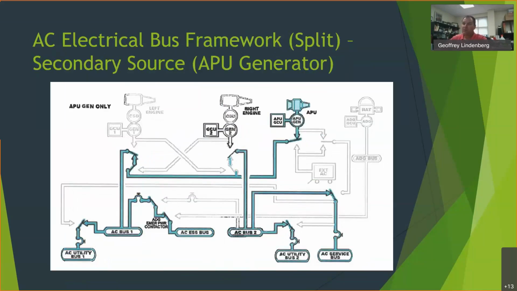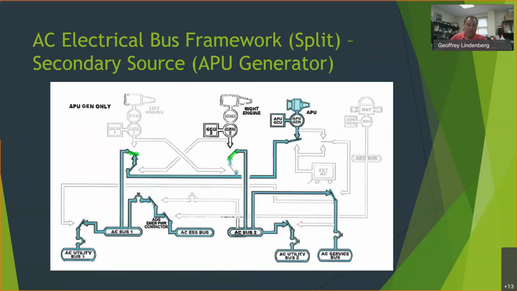So you can see now these contactors have switched to this APU tie. Both of these switches right here and right here have moved to this down position. It's disconnected from the generators. And now we are running both buses off of the APU generator.